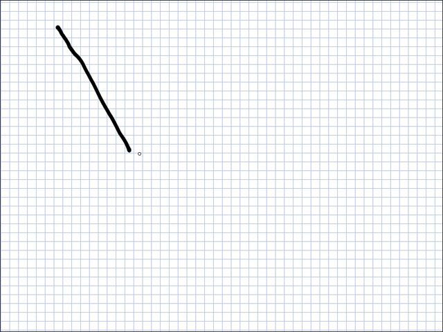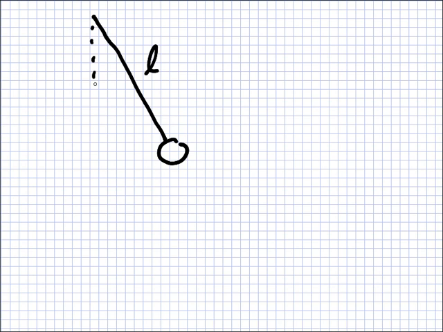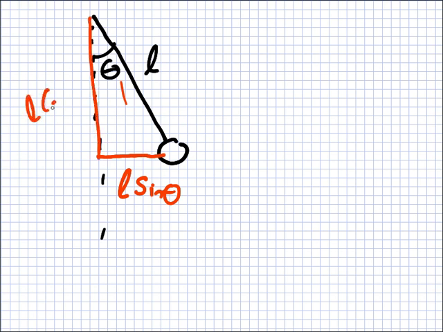So let's start with our pendulum, and we'll say it has a length L here, and we'll call this angle here theta. And this distance here is L sine theta. And this distance here is L cos theta. This pendulum has a weight, which is mg, and it has a tension here, which is T. And I can resolve this here and here.